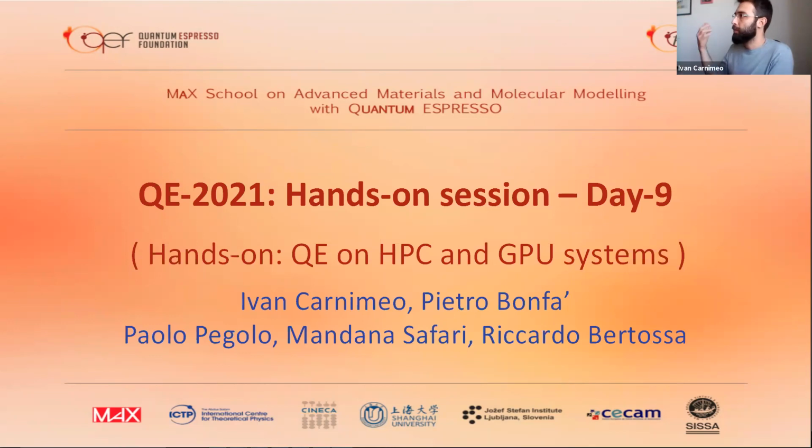If you have to write an article, do a test, or learn about a new material with Quantum Espresso, hopefully after this hands-on you will know how to optimize the calculation, how to run a large one, and how to fully exploit the computational architecture on which you are running.